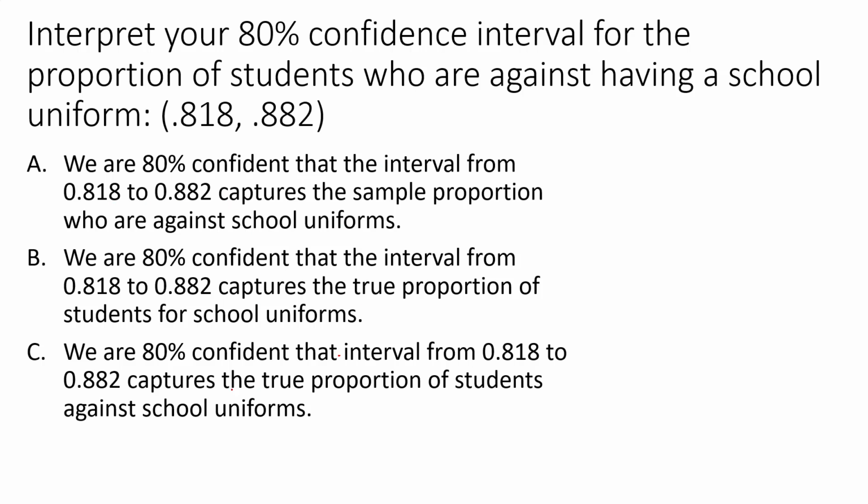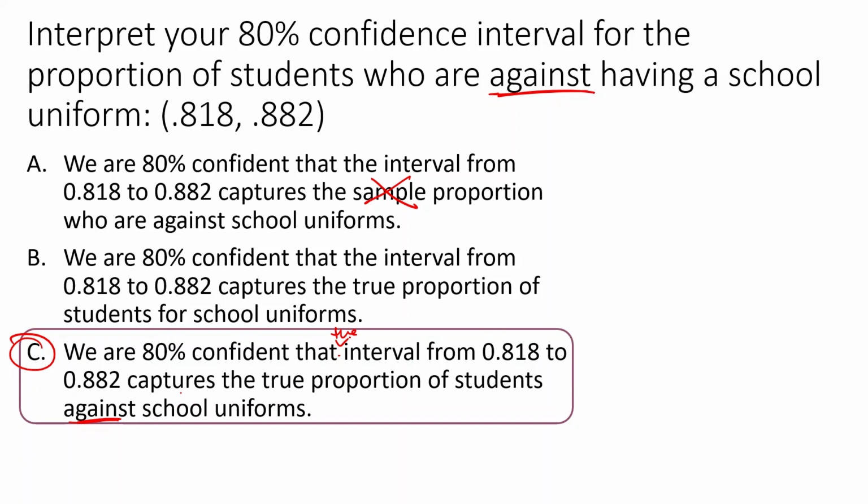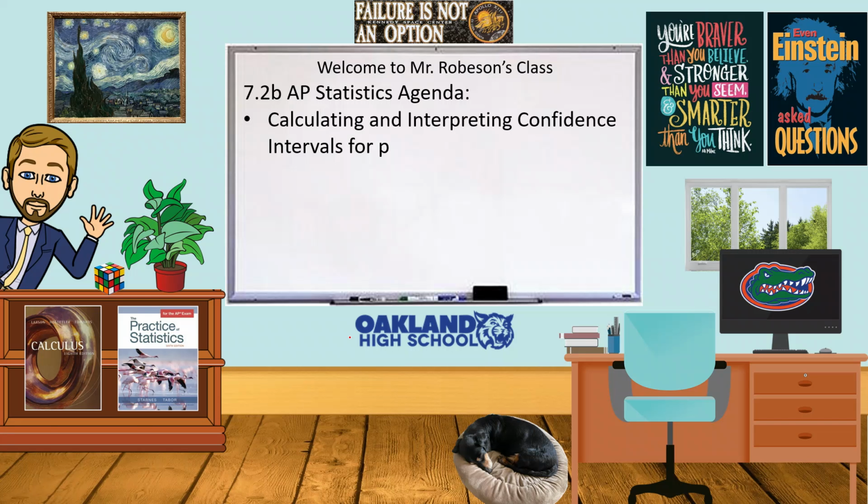Captures the sample? No, it doesn't capture anything about the sample. The true proportion, yep, of students against school uniforms. So we were going for against. So we want the one that has against. So our guy here is C. And we just need the word the in there. There it is. All right, and that's it for this one.